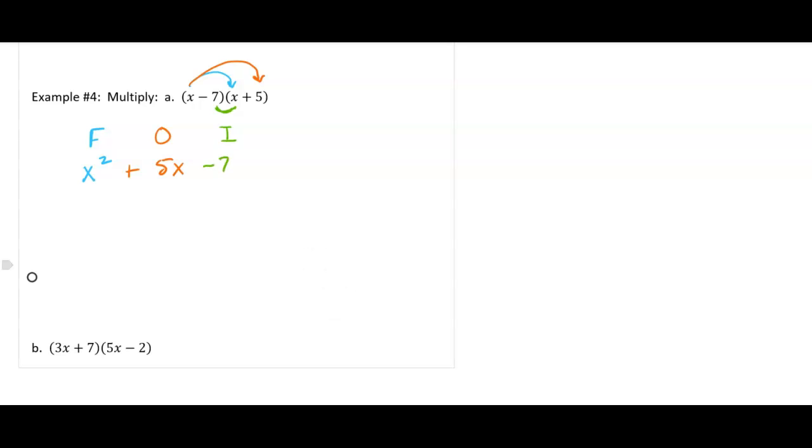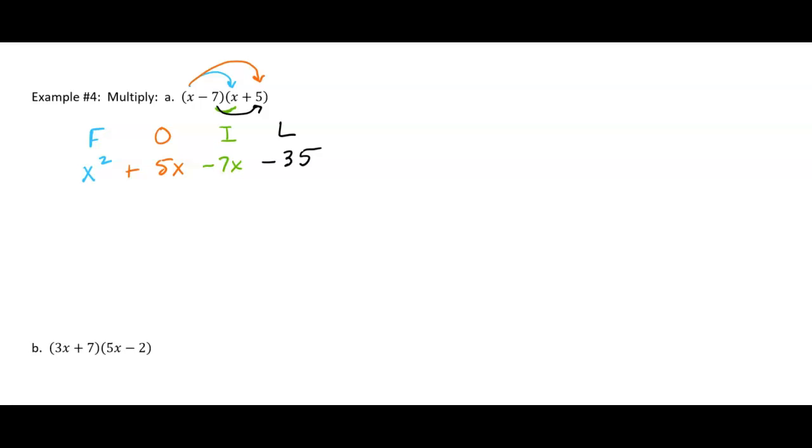So minus 7x. And then finally, I've got to do the last. I did my colors all different, didn't I? Sorry about that. And that's going to be the L. It's going to be minus 7 times 5, which is minus 35. And then that's it right there. That's the FOILing.